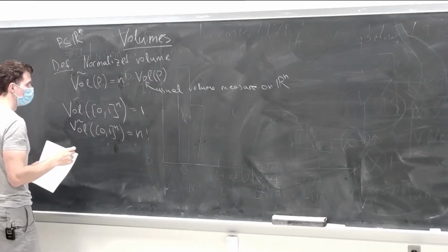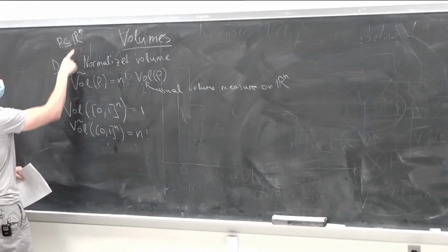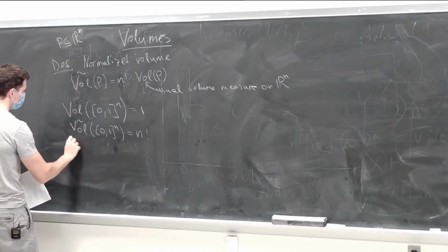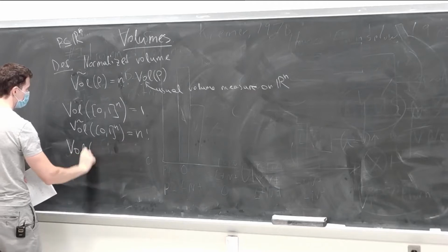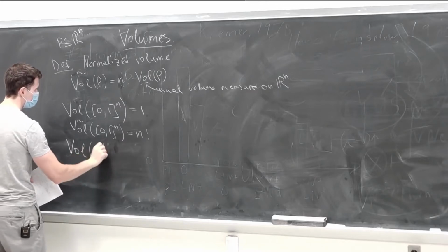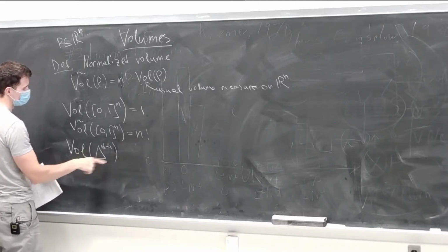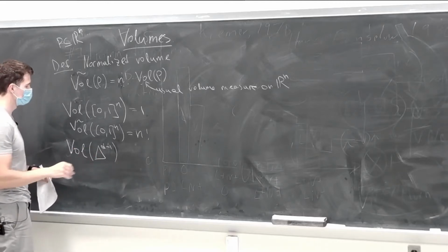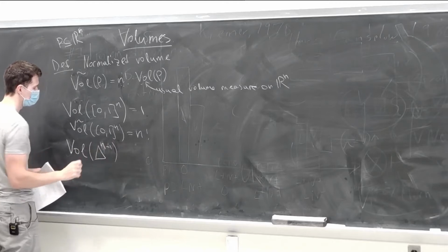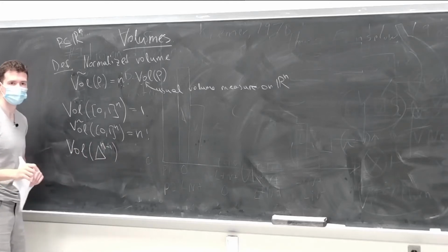And what about the volume of, so let's say we have an n-dimensional space. If I take the convex hull of all basis vectors, I get the n minus 1 dimensional simplex. So what is the volume?